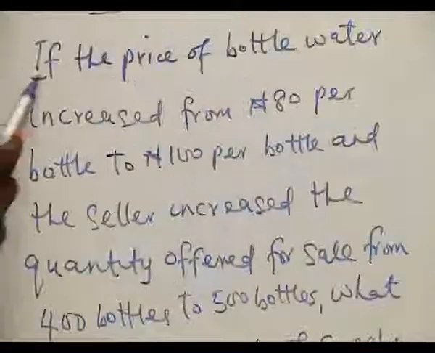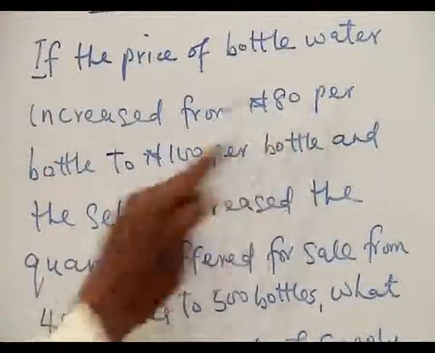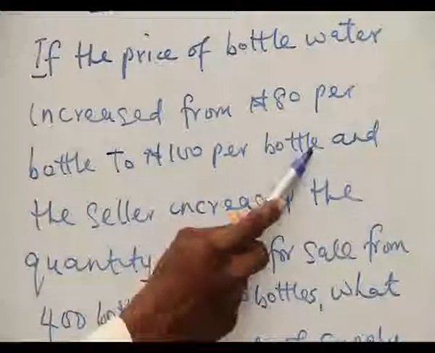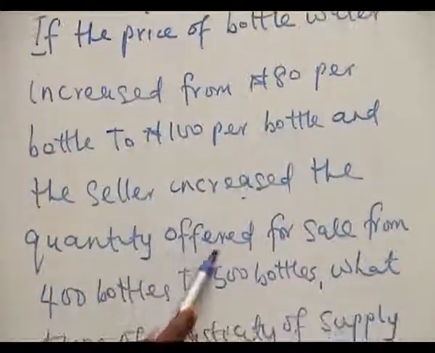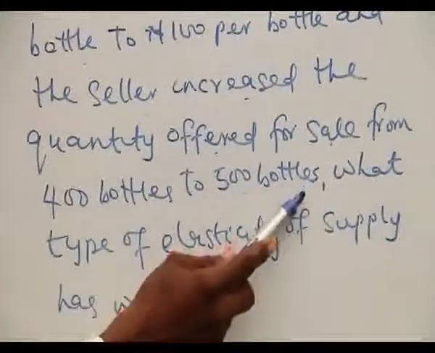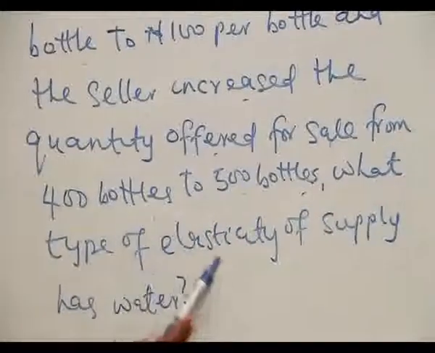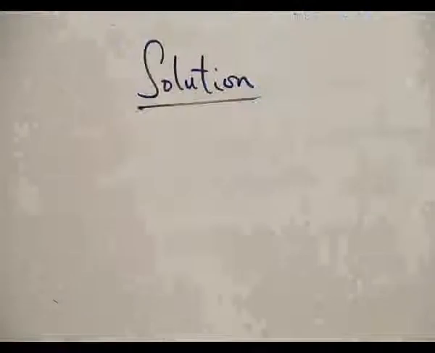Illustration. If the price of bottled water increased from 80 naira per bottle to 100 naira per bottle, and the seller increased the quantity offered for sale from 400 bottles to 500 bottles, what type of elasticity of supply has water? Solution.